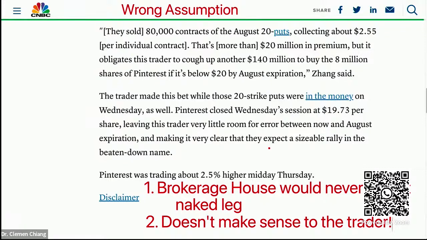So this whole assumption, I call the bluff of this contributor. No one would do that because the risk-reward ratio doesn't match at all. Why would you just want to make $20 million and risk $140 million if the direction goes wrong? No normal human would do that. Based on these two assumptions, I call the bluff.